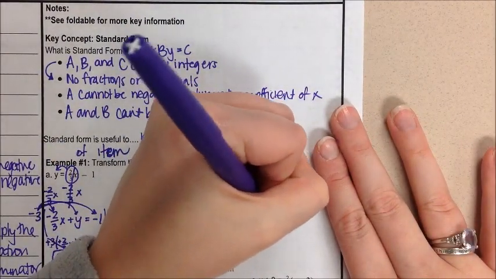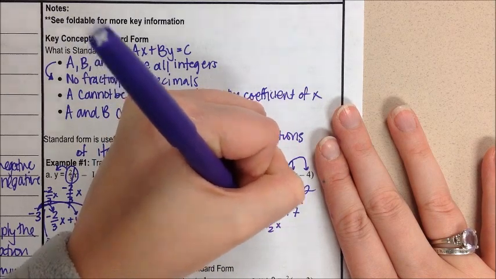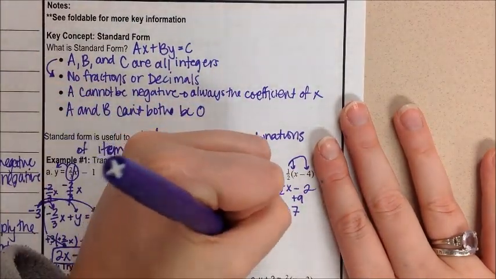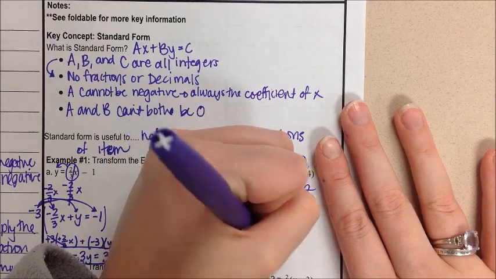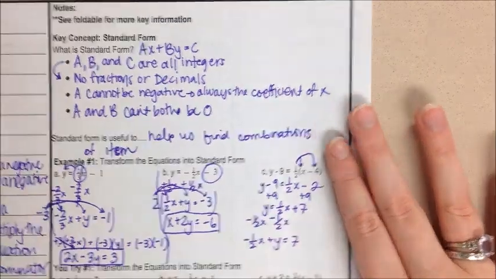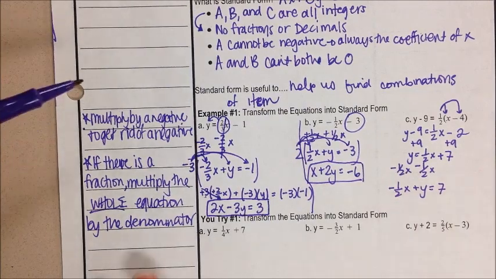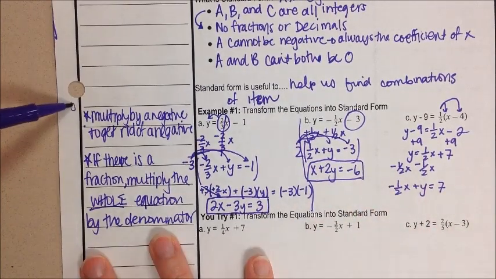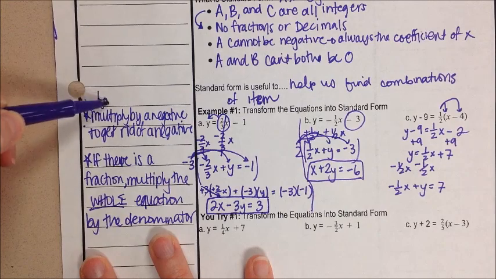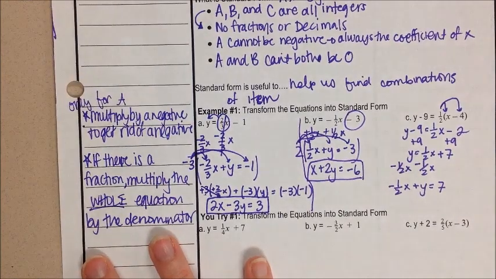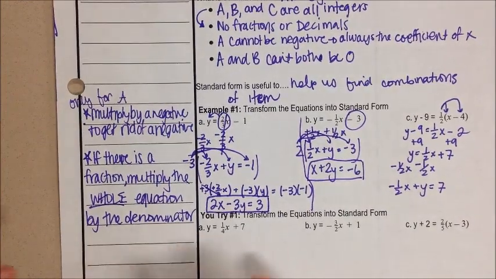And then I'm going to subtract that 1/2 x from both sides because I need the x and the y on the same side. Okay. And then we're going to look back over here. Okay, do I have a negative? And this is only for a. Okay, only for the coefficient a, for the negative, because everything else can be negative.